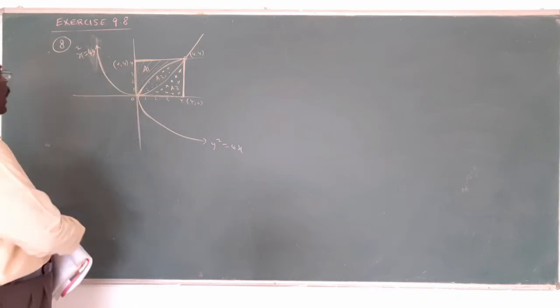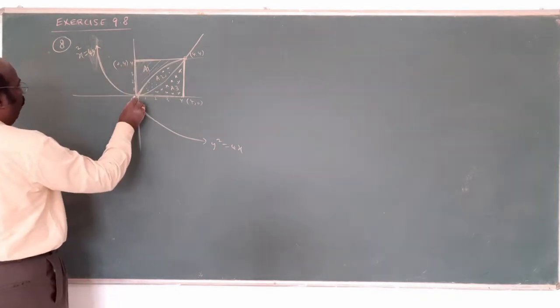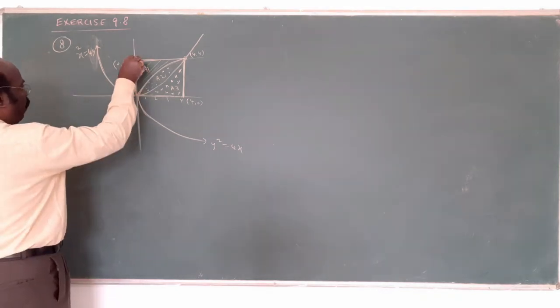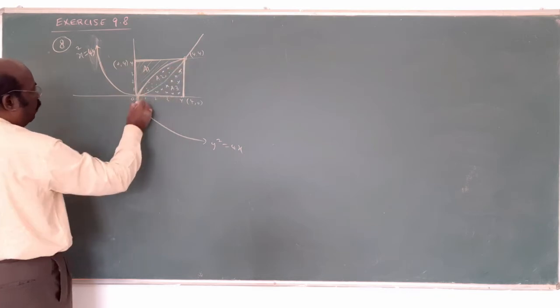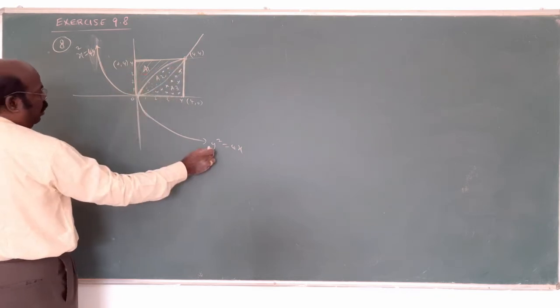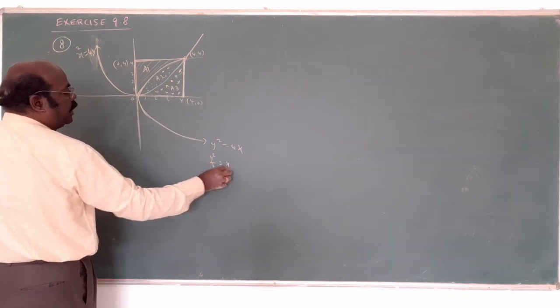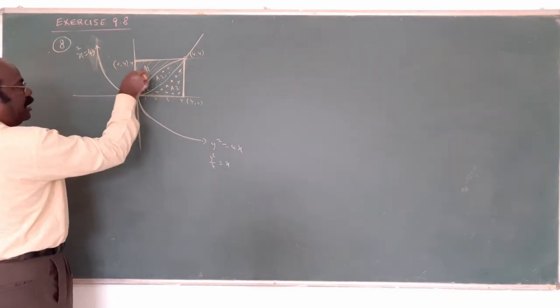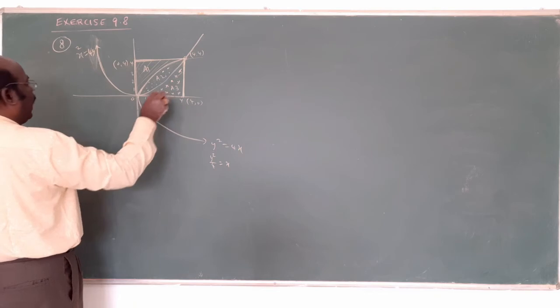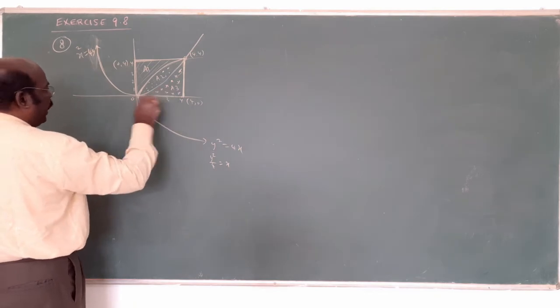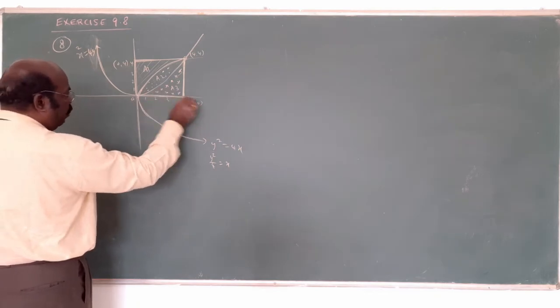This is the y-axis, y from 0 to 4. By using this parabola, y squared equals 4x, substitute x formula here and we get this area. Next, A3 means this area, with x limit 0 to 4.